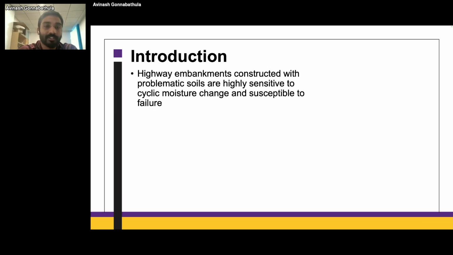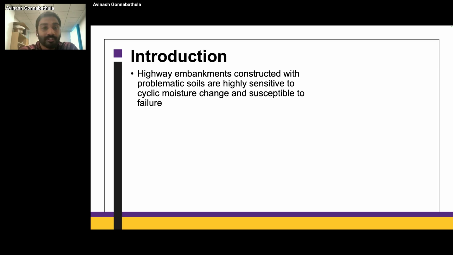To start with a brief introduction, highway embankments are often constructed with the locally available soils in many areas, and most of these soils are considered problematic, some of which are highly sensitive to cyclic moisture change, which increases the chance of slope failures. Usually, these problematic soils include expansive soils and frost-susceptible soils, which are highly sensitive to volume change.